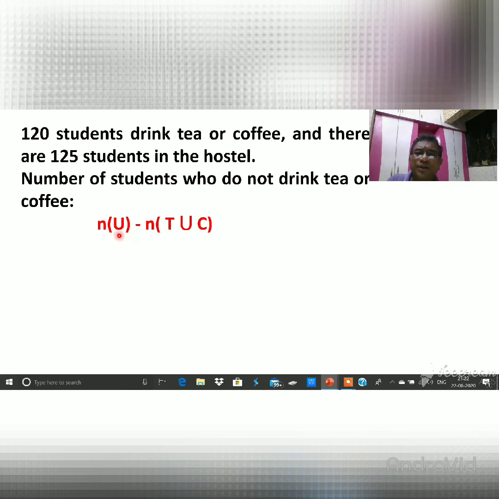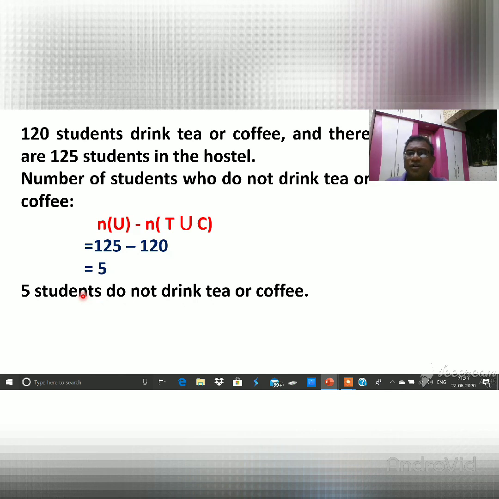So the number in the universal set minus the number of T union C, that is 125 minus 120. What remains is 5. So here it is written 5. Those 5 students are not drinking tea or coffee.